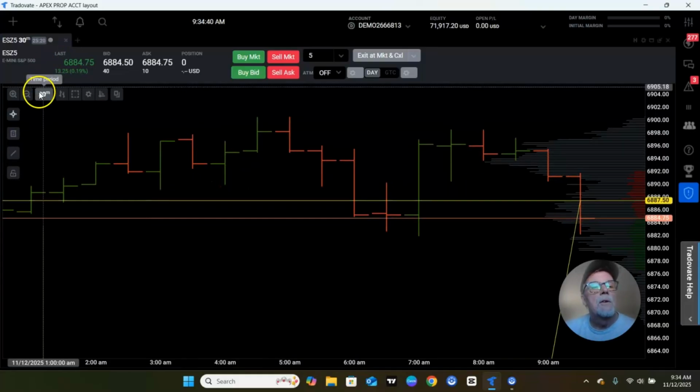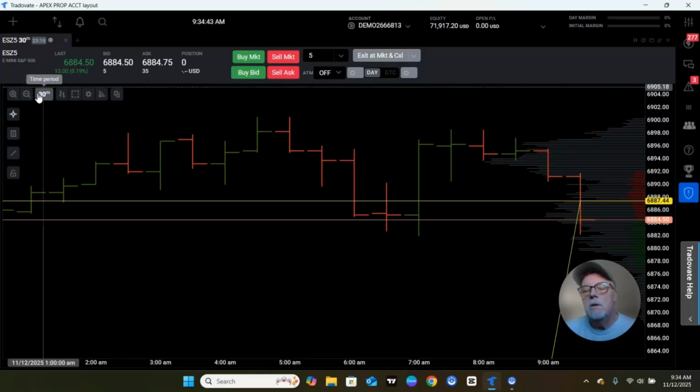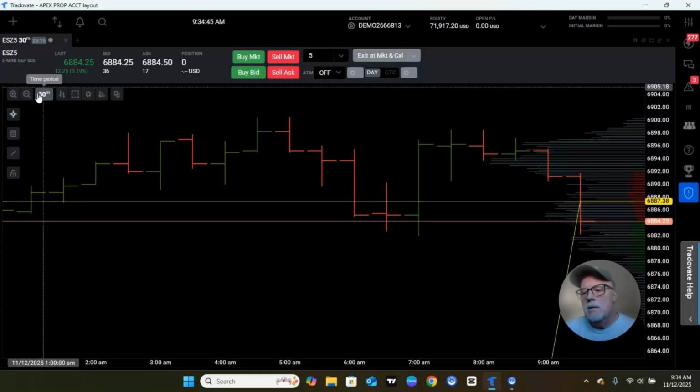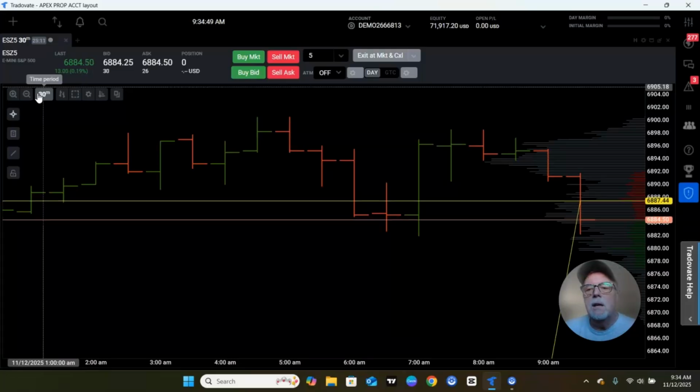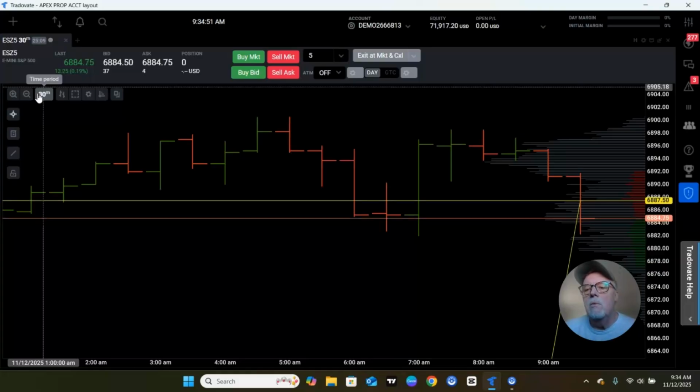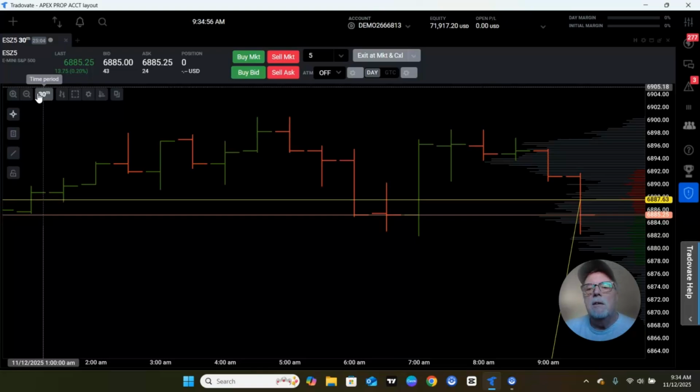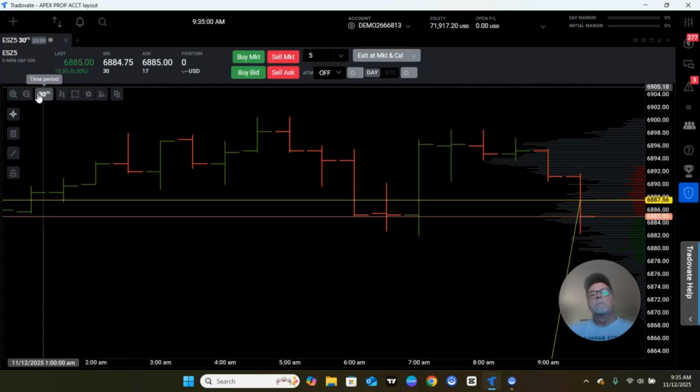And I'm looking at a 30-minute chart here because I want to get an idea. The market has just opened, but I've just recently signed on, and I want to get an idea of where we came from and where we're likely to go before I even think about entering the market on a shorter time frame.